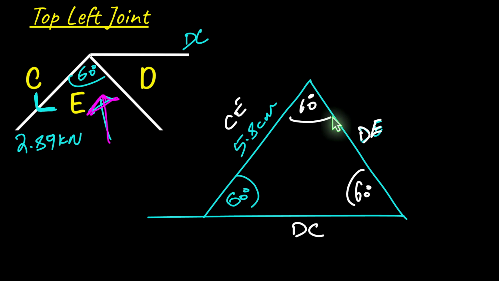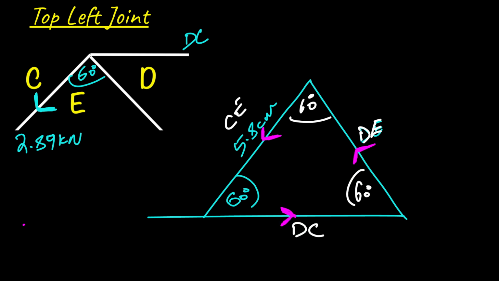So the most critical thing here to do then is to figure out if our member is compressive or tensile. And I'll show you how to do that again. So we're going to trail our arrows around now, starting from our known direction, CE. So CE arrow goes there, and it's going to go in the same direction around, like that.